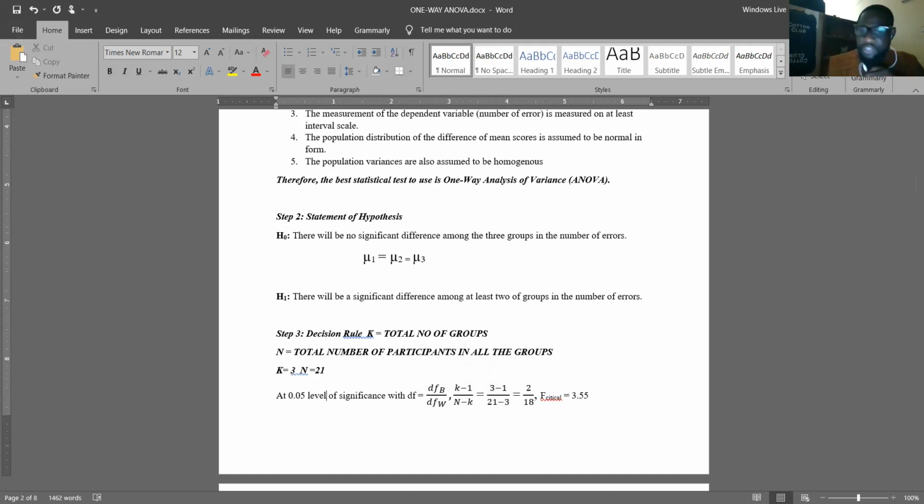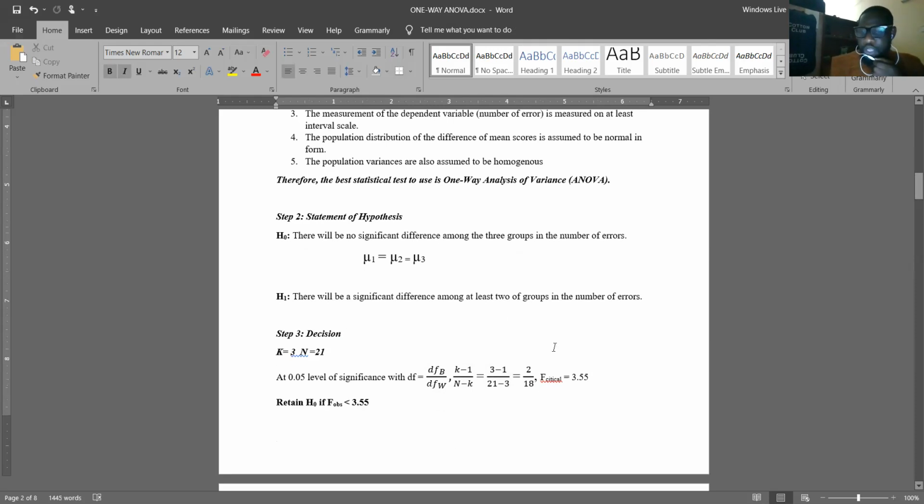When we substitute this into the formula, we get a degree of freedom of 2/18. So currently we know that the level of significance is 0.05 and our degree of freedom is 2/18.